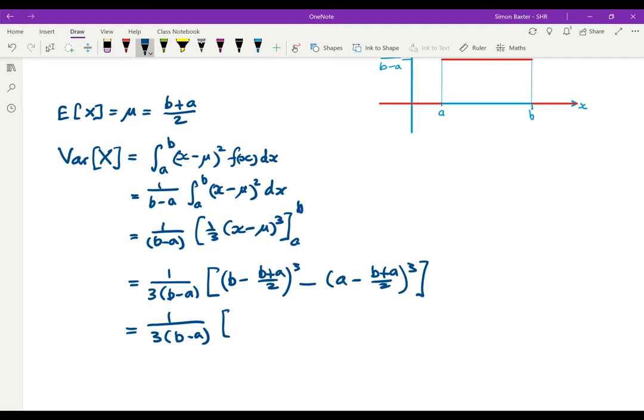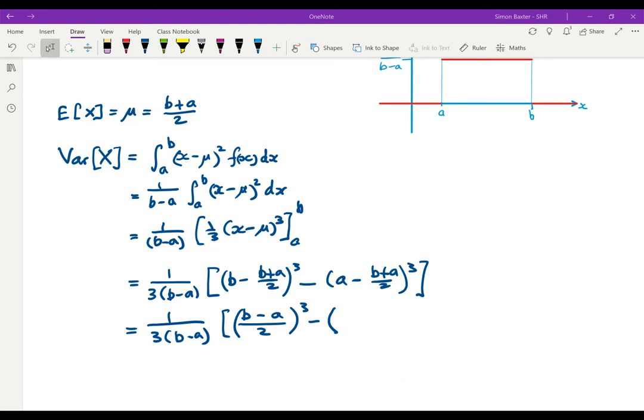Inside the first bracket, I've got B minus B over 2. That's B over 2 minus A over 2. So my first bracket is just B minus A over 2 all cubed. My second bracket, I've got A, and then at the end of it, I've got minus A over 2.